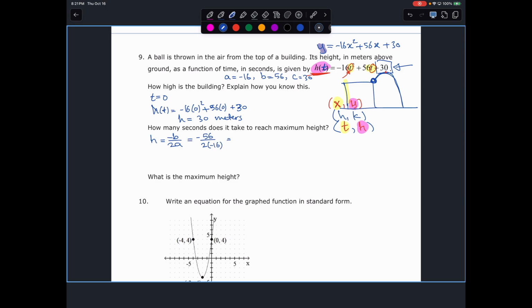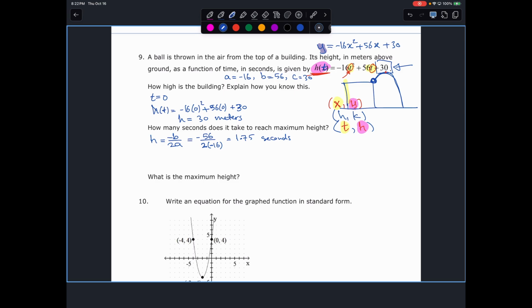I think it's 3 seconds or 2.5 seconds, I don't remember. I can tell you what it is. It is 1.75. If you do the math, it's 1.75 seconds. Don't forget the units. So we need 1.75 seconds to reach maximum height.